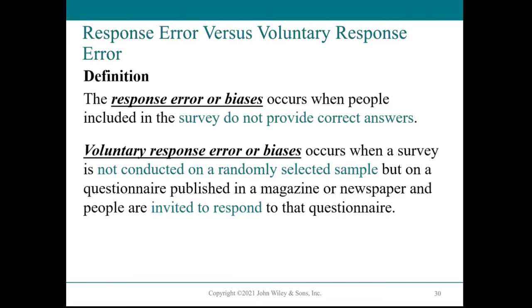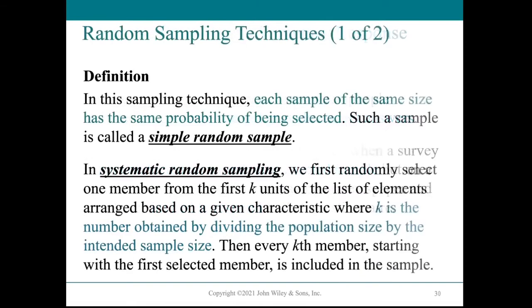Even though it's a very good application, the rating becomes low because most of the people who rate it give a very low response, even though the greater majority, although silent, have a high rating of that application. So basically, that's a voluntary response error or bias.